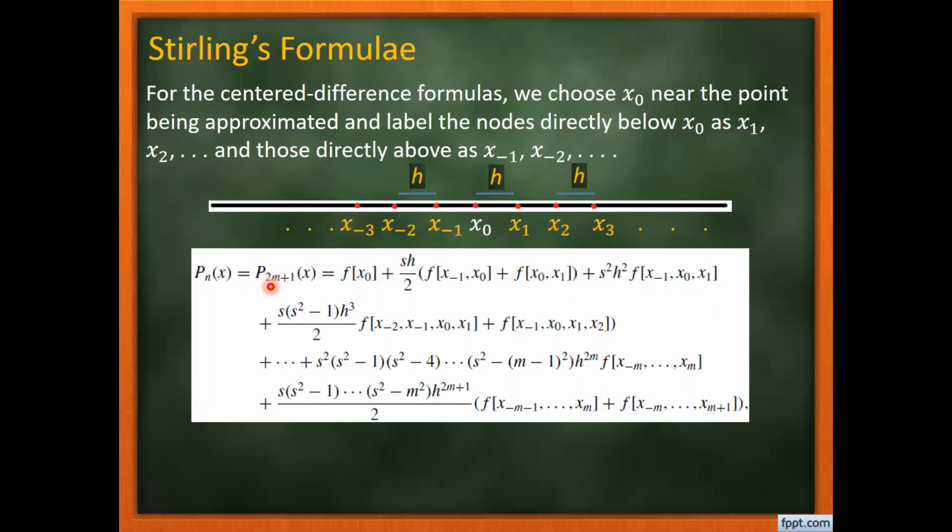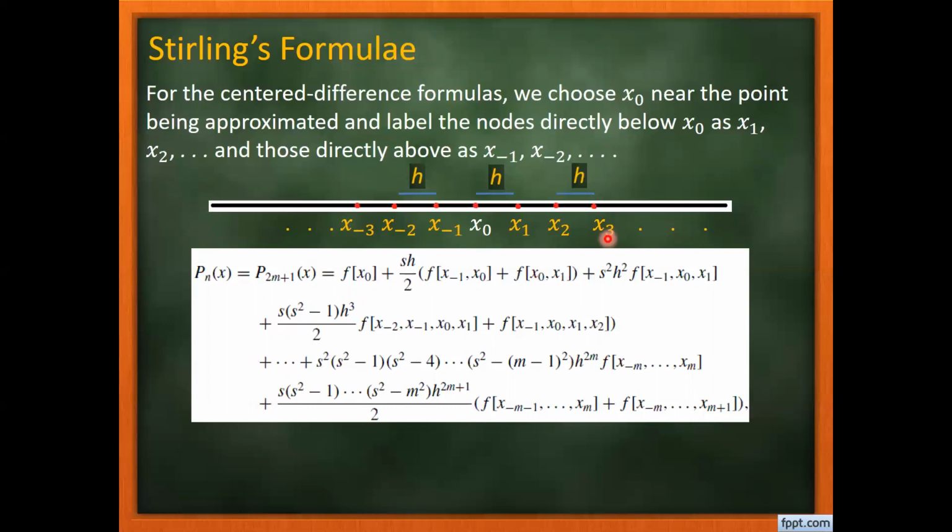Okay, how? Let's look at just x0 to x3 and take n to be 3. In this case, we have 1, 2, 3, and 4 data points. So if n is an odd number, there will be an even number of data points.